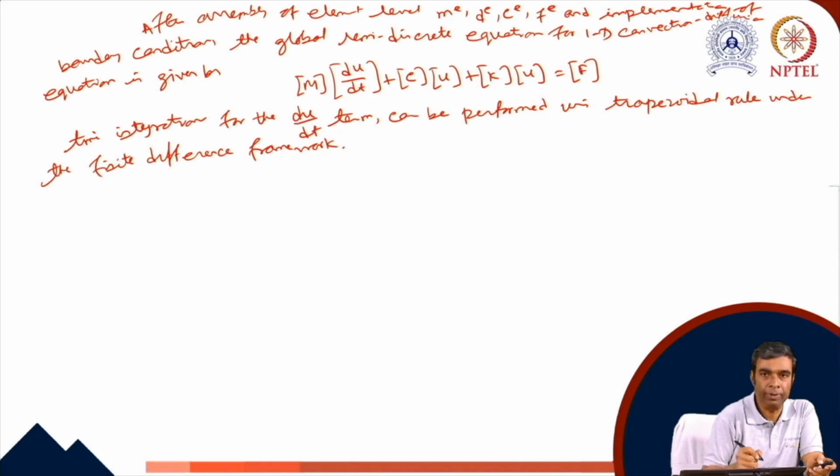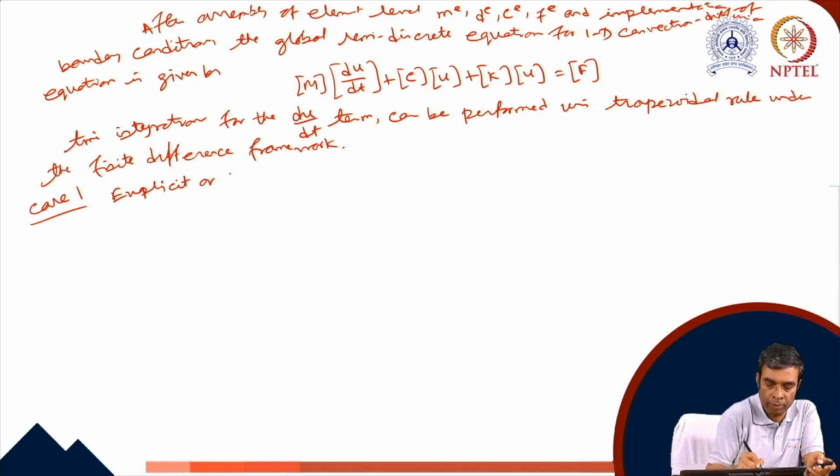We shall consider the explicit scheme or the forward Euler scheme first. So case 1, explicit or forward Euler scheme.